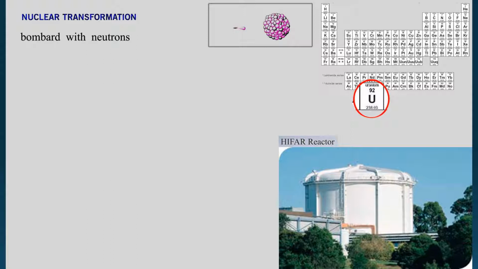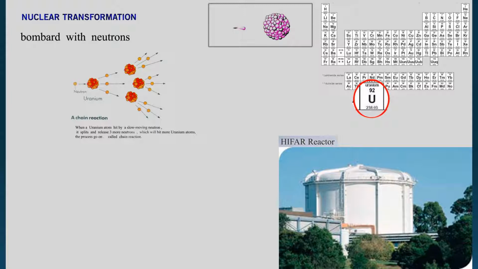Uranium is big and has a lot of extra neutrons. When uranium breaks up by fission, it breaks up with alpha emission into smaller particles and also emits a lot of neutrons.